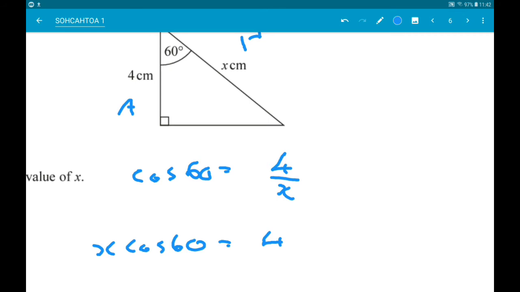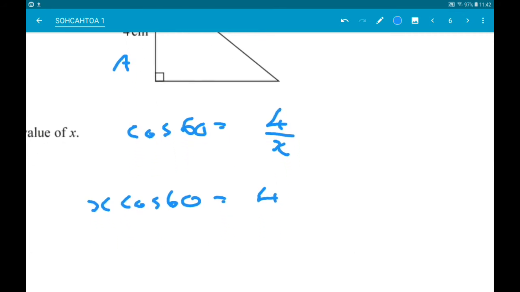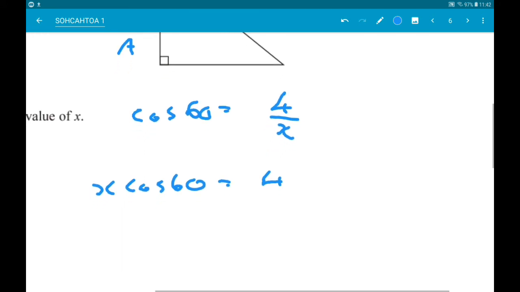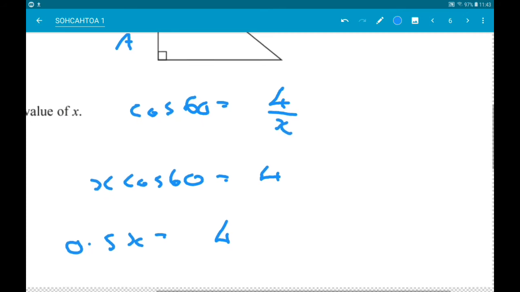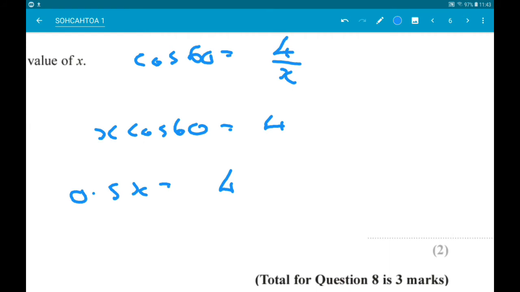Or we could now turn cos 60 into 0.5. So we could say 0.5x is 4. Now 0.5 is of course a half. To turn this into a whole x, we can multiply both sides by 2. So we get x is 8.